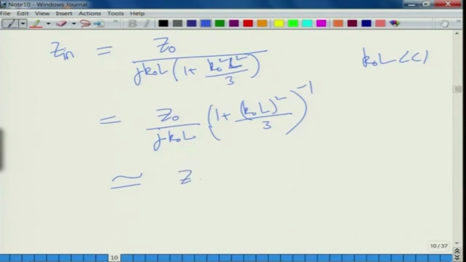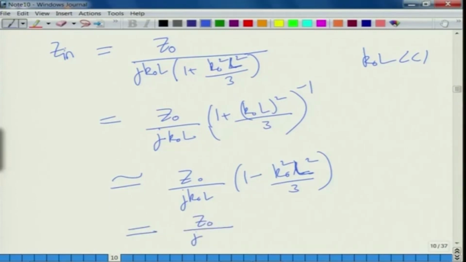So, what we are going to see is j K naught L times 1 minus K naught square L square by 3. When you simplify this further, we get j K naught L plus j times K naught L by 3 times Z naught.